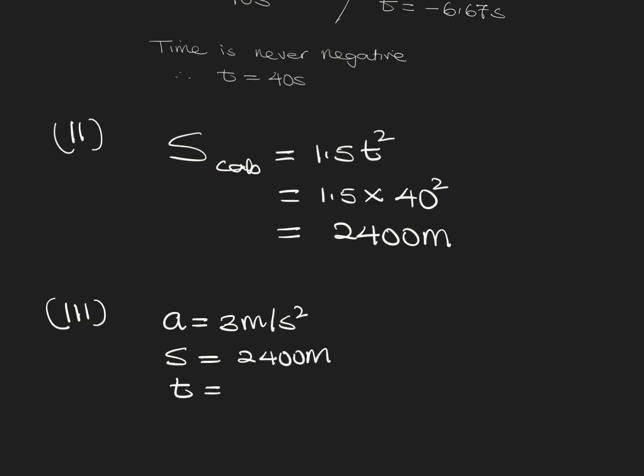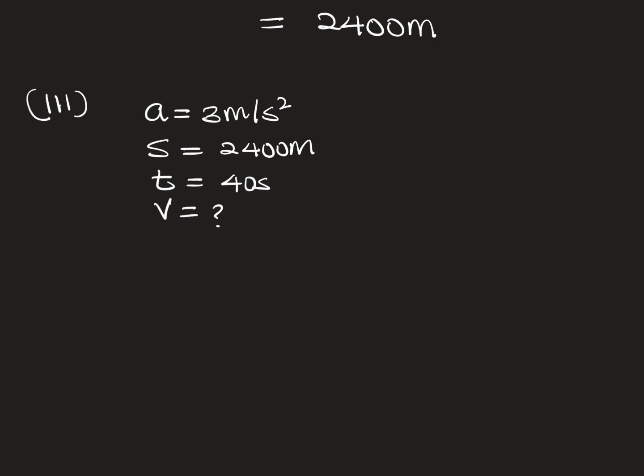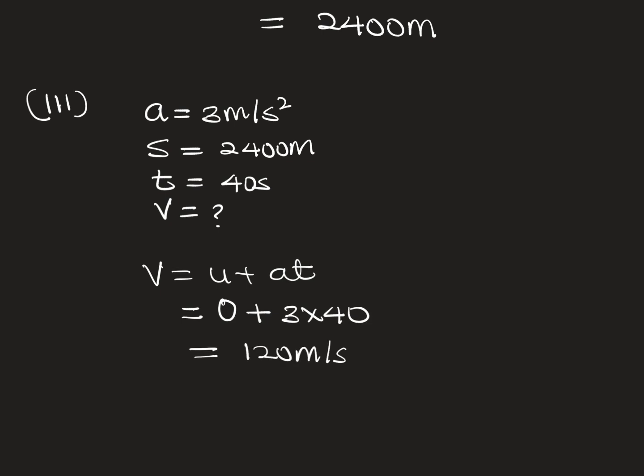The time taken was 40 seconds, right? So we want to find the final velocity v. We can use v is equal to u plus at. So the initial velocity u is 0, plus the acceleration, 3, times 40. So 3 times 40 is going to be 120 meters per second.